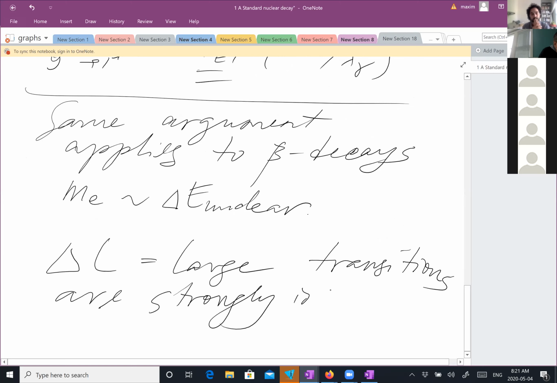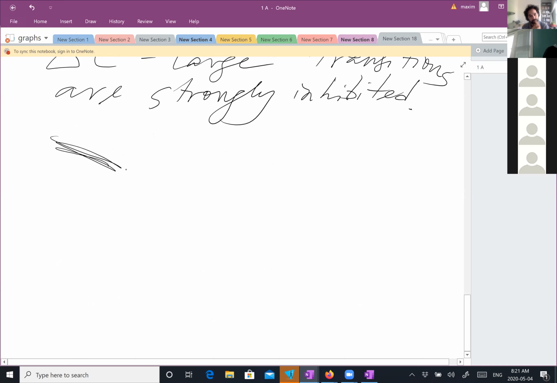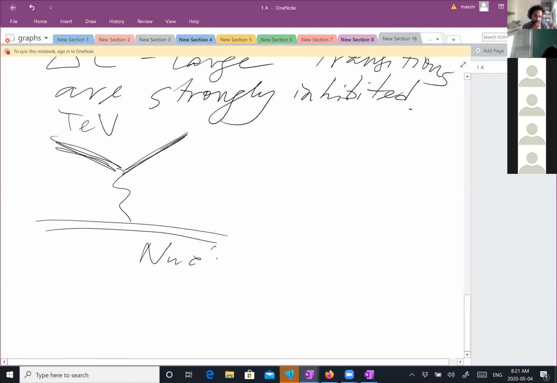Now, if we consider, let's say we take some sort of a model where we have a TeV scale dark matter, right? And let's say it scatters on the nucleus, right? Well, we know what to do then.